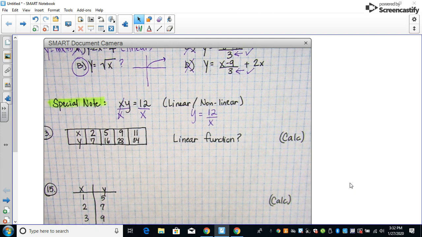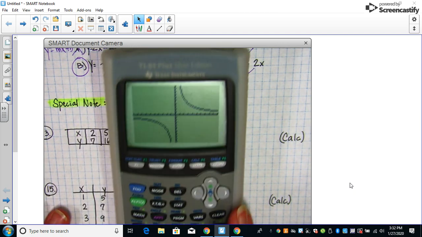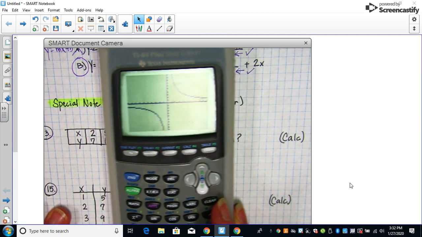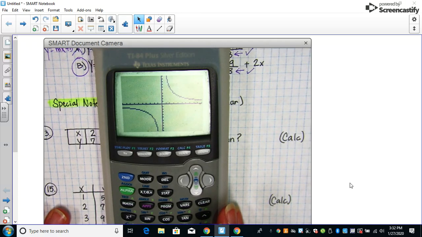Now, if you looked at a graph for y equals 12 over x, it looks something like this. Again, you could plug in points to check it.